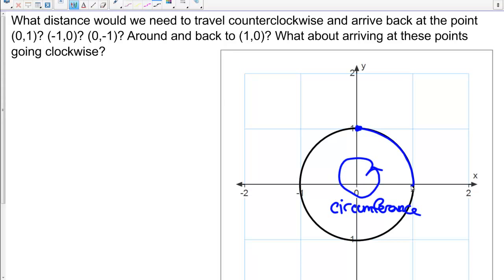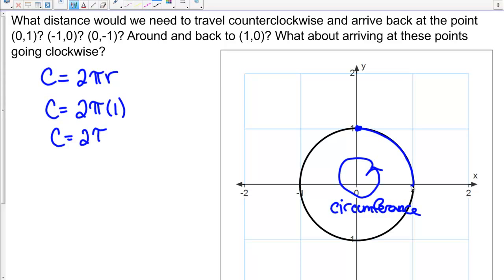Circumference is equal to 2 pi times the radius. In this case, our radius is 1, so the circumference is 2 pi. If we've gone around a fourth of that circle, we've gone 2 pi divided by 4, which is pi over 2. So when we get to the point (0, 1), we've gone pi over 2.